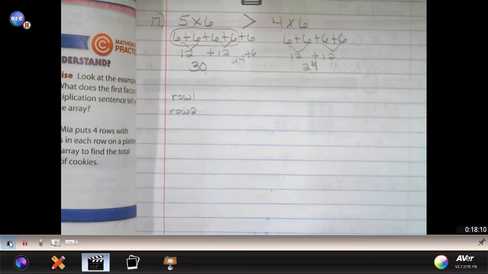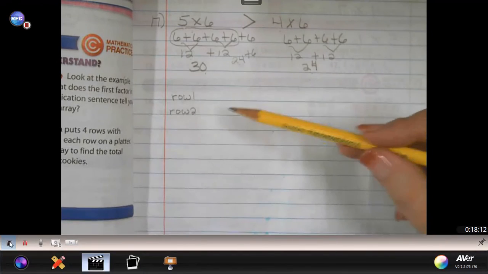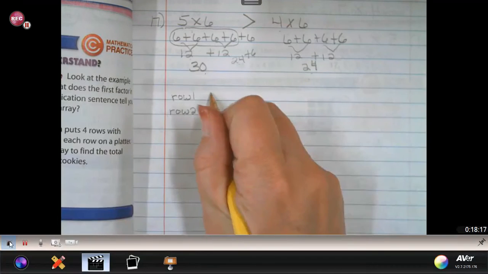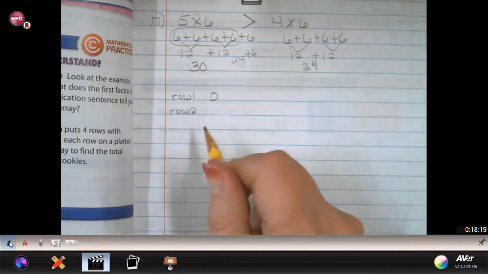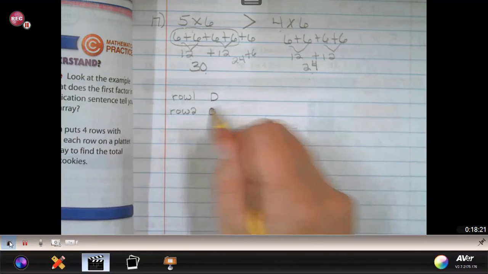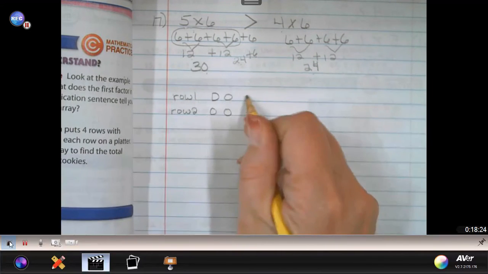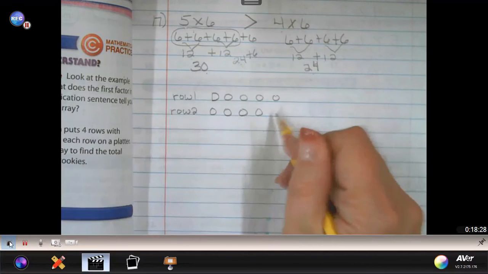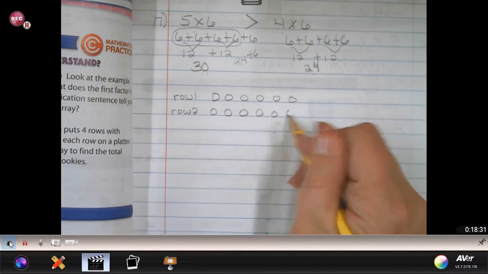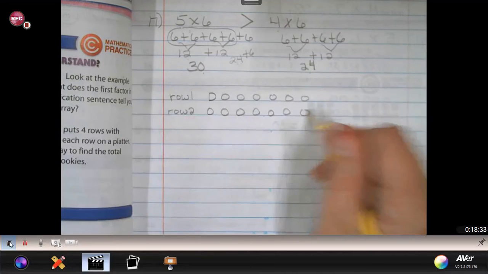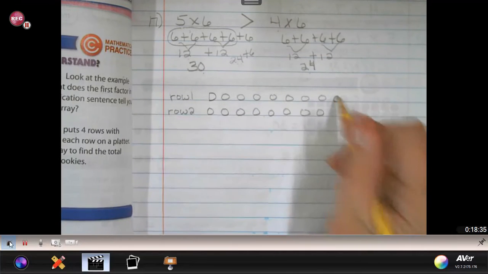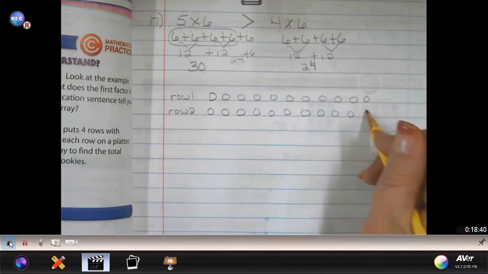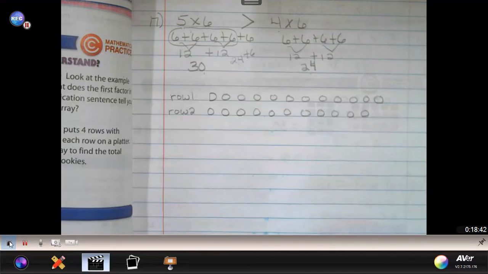Now, if we think about putting 23 pictures into these 2 rows, and I'm just going to draw circles for the picture. I have 1, 2, 3, 4, 5, 6, 7, 8, 9, 10, 11, 12, 13, 14, 15, 16, 17, 18, 19, 20, 21, 22, 23.